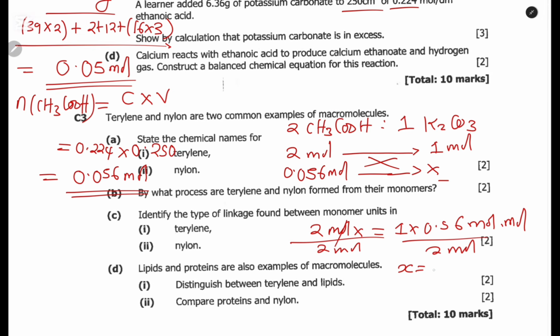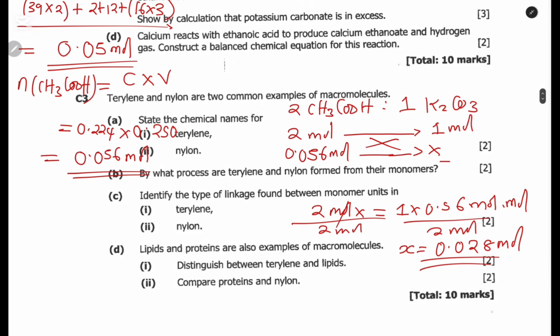So 0.056 divided by 2, we should be able to find 0.028 moles. So these are the number of moles of potassium carbonate that reacted with 0.056 of ethanoic acid.